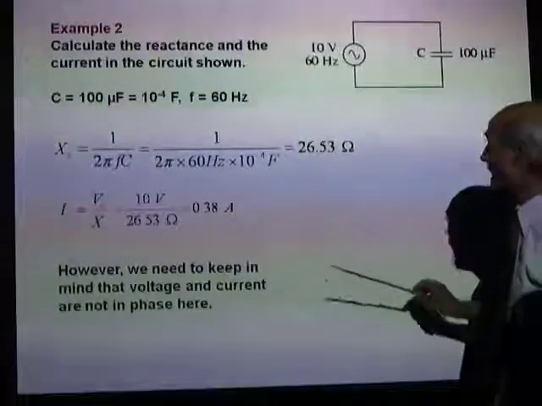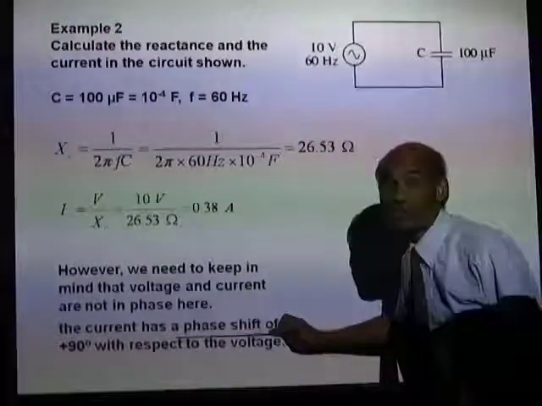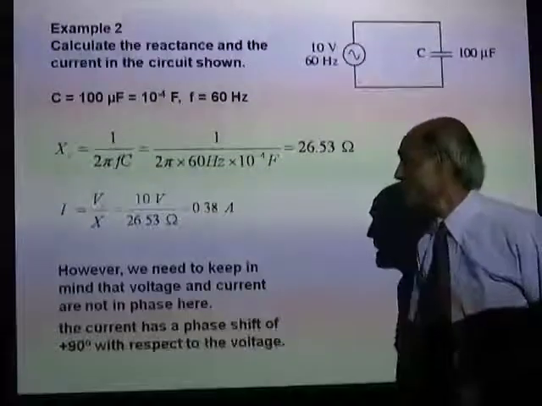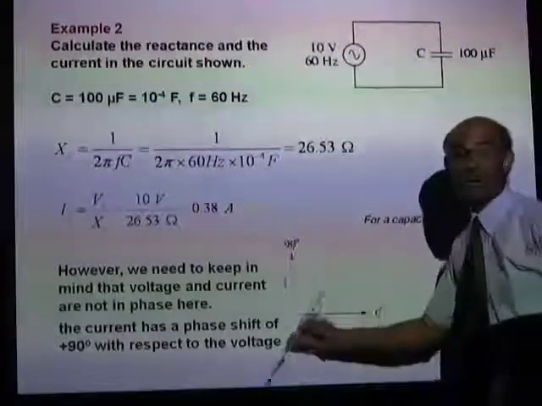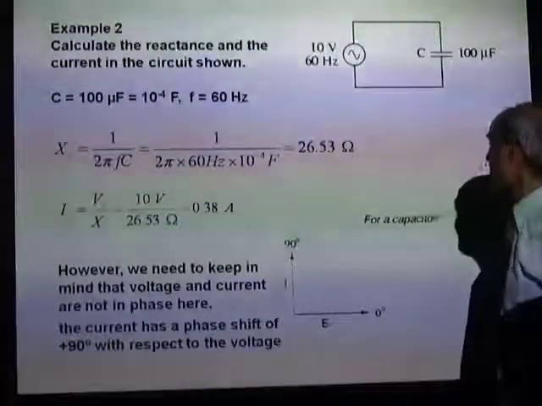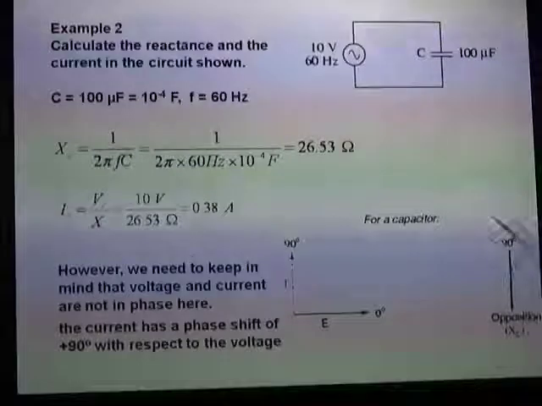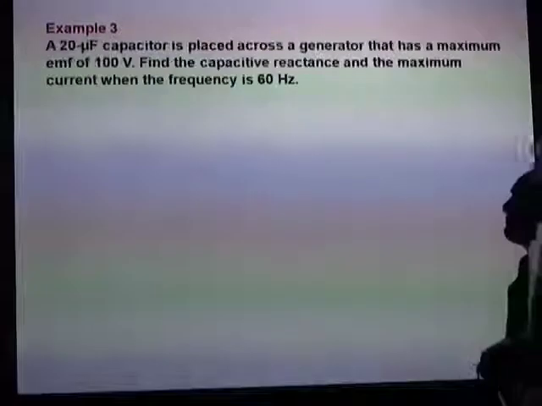The voltage lags behind the current, or we can say the current leads the voltage by 90 degrees. You can see here, if this is the current, that is the voltage. The current leads by 90 degrees. And this is the reactance of the capacitor.